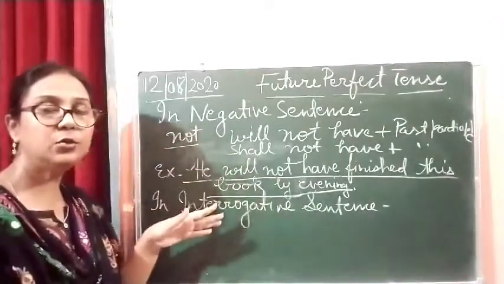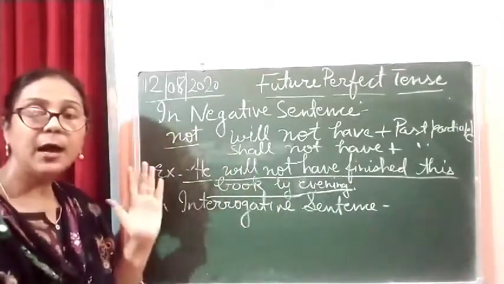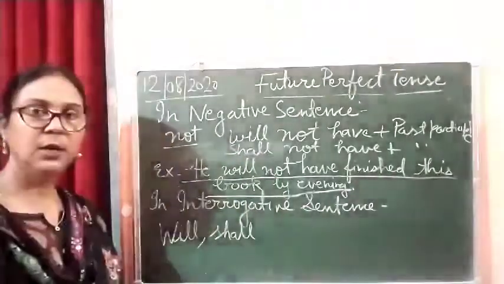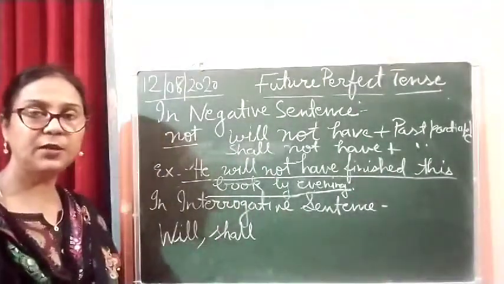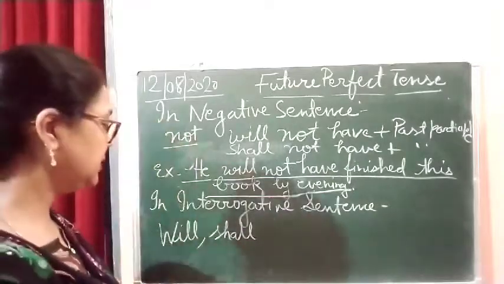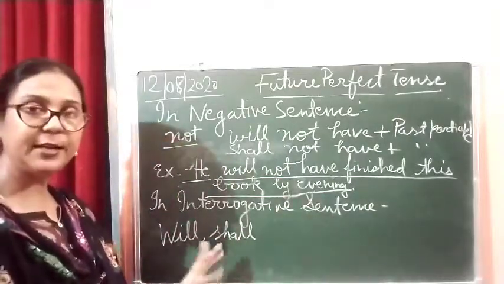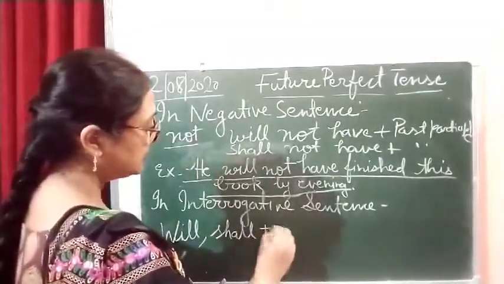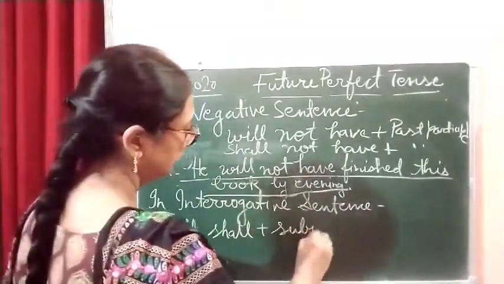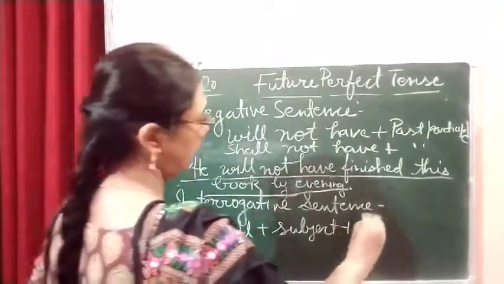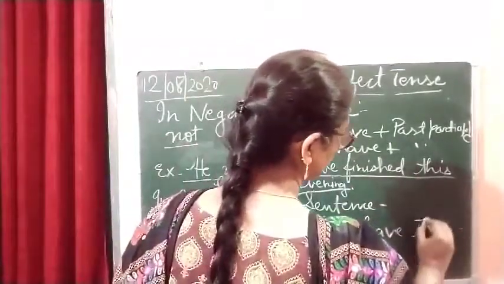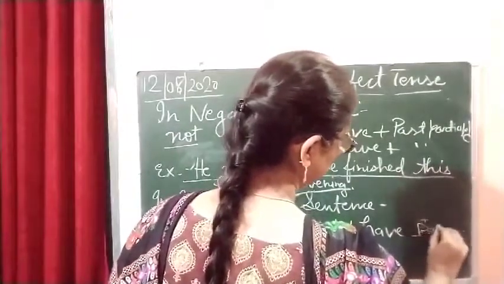Now we are moving to learn how to make interrogative sentences. To make interrogative sentences in future perfect tense, the formation of the sentence is like this: will or shall plus subject, and then have, and then the third form or past participle.